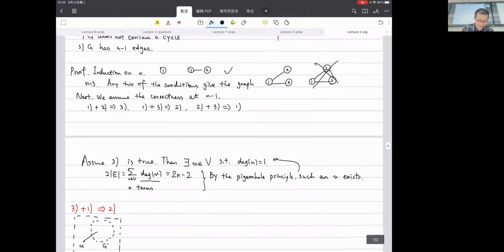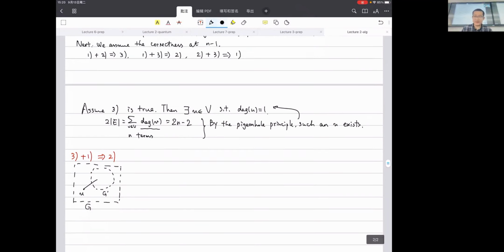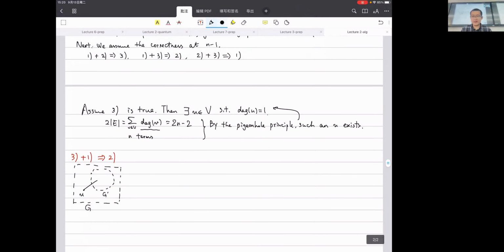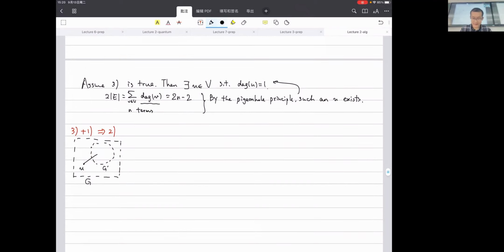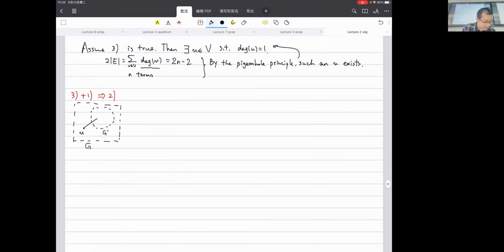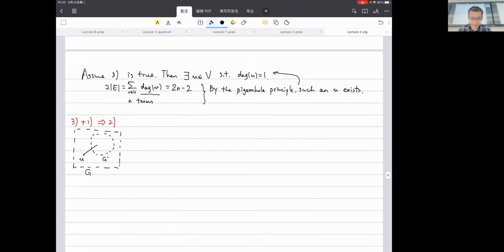If we have assumption 1, and actually for all of the discussions here, as long as we talk about connected graphs, it does not make sense to consider a vertex whose degree is zero. That is why we mentioned that the degree of U here should be 1.